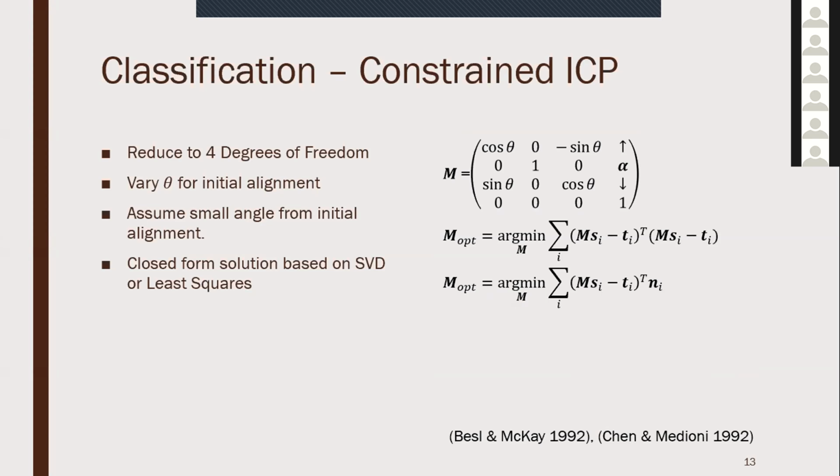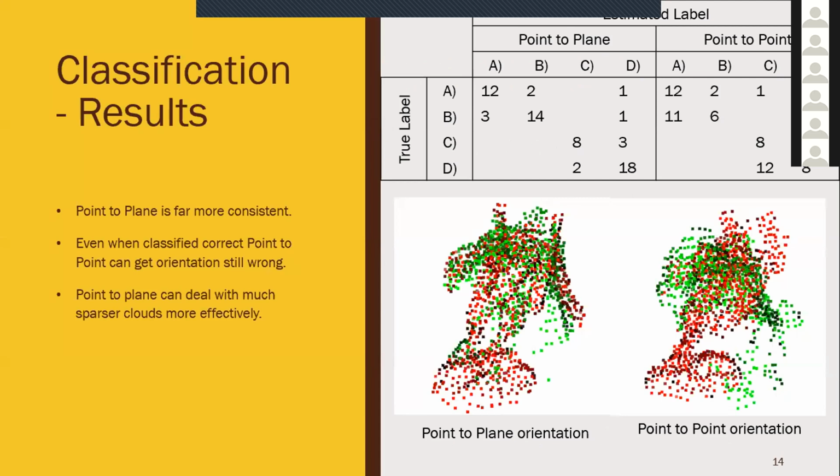And because again, we've got a much, much smaller number of points compared to the full scene, we can create some least squares solutions, which can be optimized very, very quickly for the classification process. Matching these and taking whichever one has the smallest cost function, we classify it as that model. And the bonus of doing it like this is it also gives us the orientation of the model within the scene.